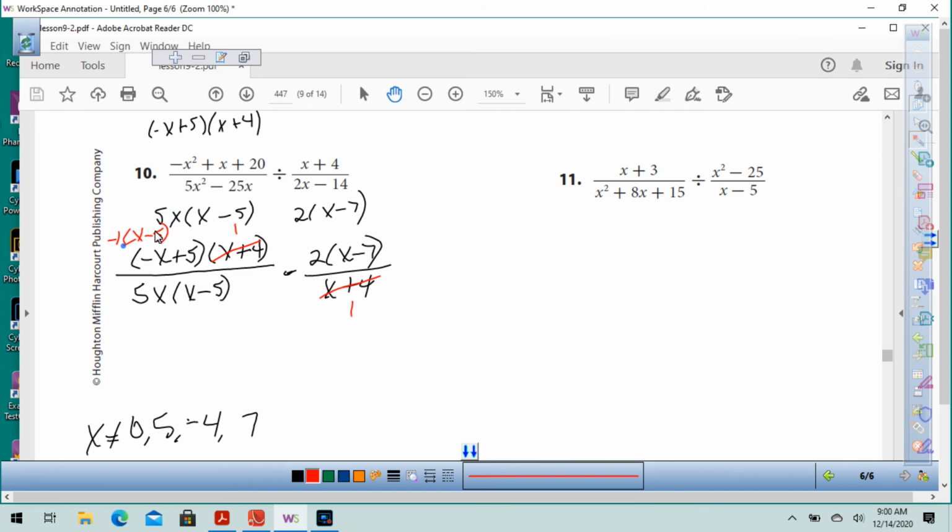All right, now those two can simplify. I got negative 1 times 2. It gives me negative 2 times x minus 7 over 5x. Okay, and like I said, you can always check it with your graphing calculator. Graph them, and if they lay up on top of each other, you're good to go.